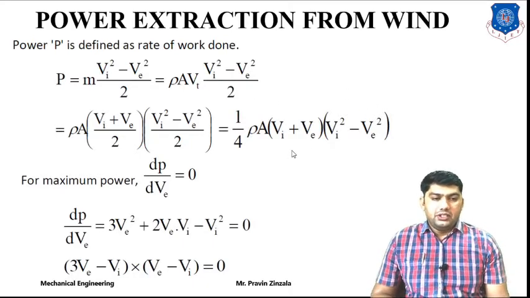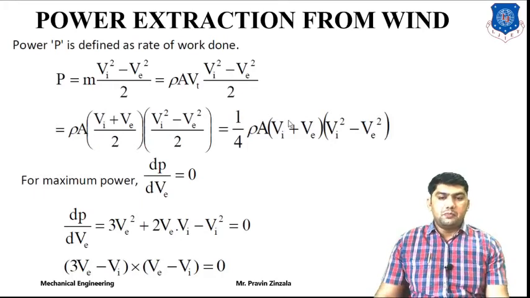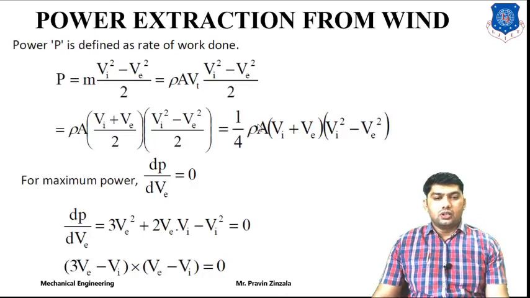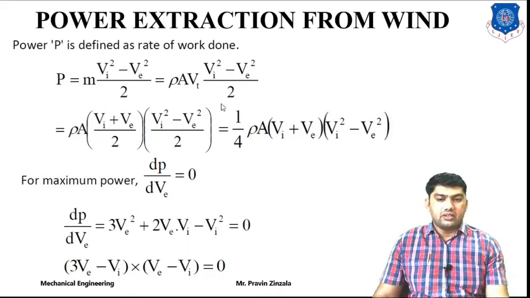But our purpose is to find the maximum power from wind. For the maximum power, we take the derivative of this equation with respect to the exit velocity and set it equal to 0. So we will get the maximum condition, and we will insert this condition in the equation to get the maximum power. So, clear about this, first of all, this is the equation of power.